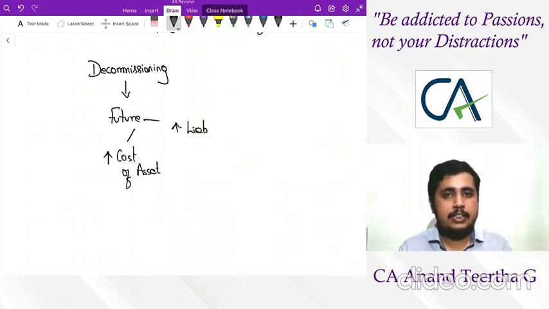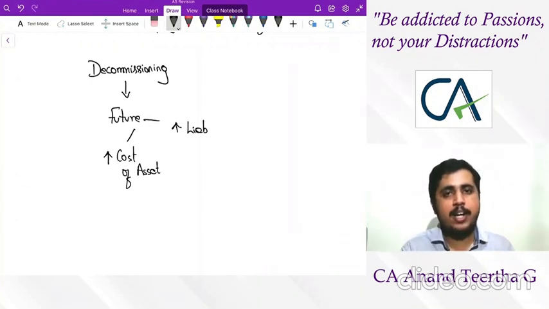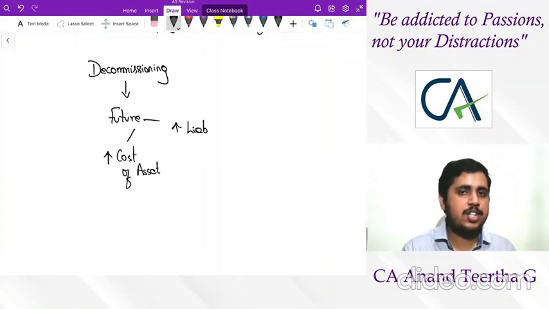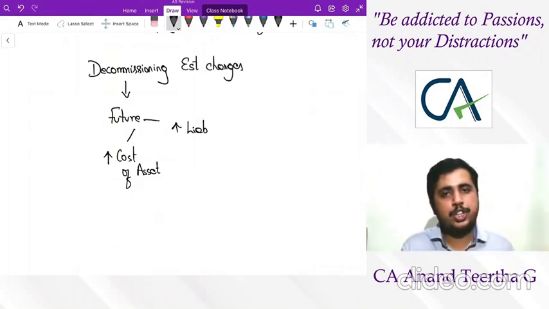Now, what is this? This is estimated at the beginning itself, that after certain years, to dismantle or to decommission, there might be certain expenses which is incurred. Now, that expense will be estimated and written on day one itself, which means the estimate might change. So, if the decommissioning estimate changes, then what should be done?